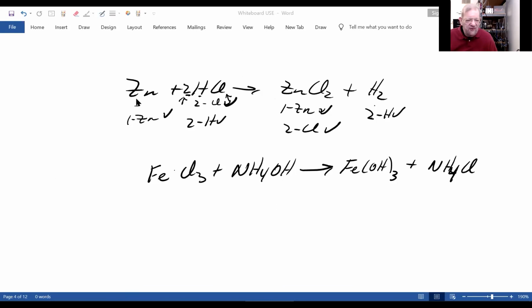If I had 2, then this would be 4, this would be 2, this would be 2, and I could divide that all by the number 2, and remember, you get the lowest coefficient, and that's why. All right, let's move on. If you have a question, you can see me after lab today or during my office hours.